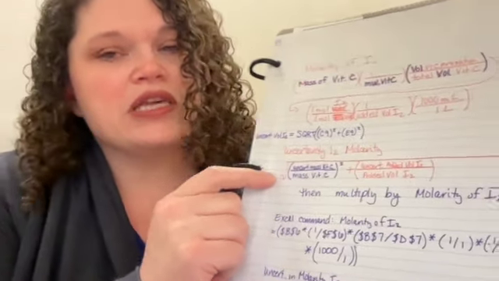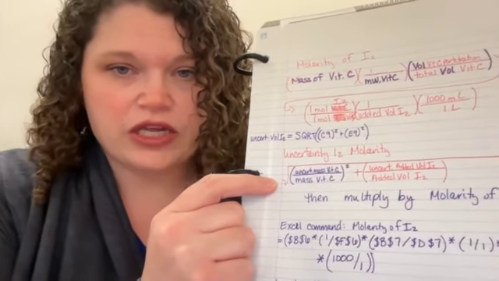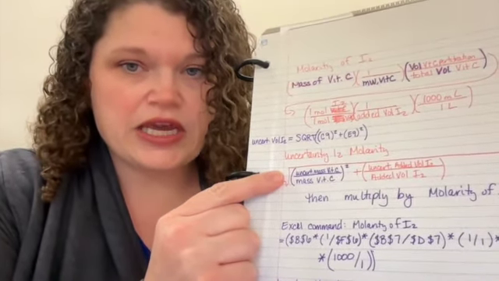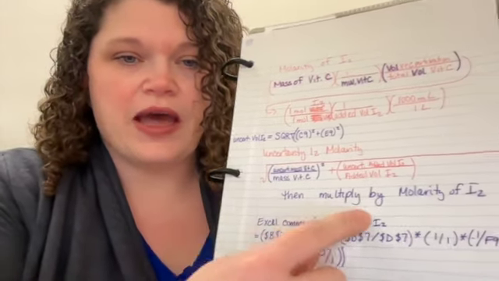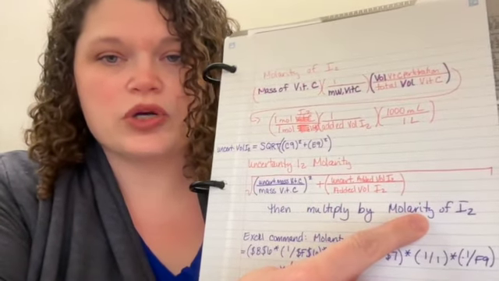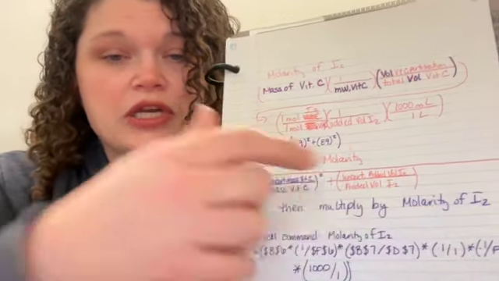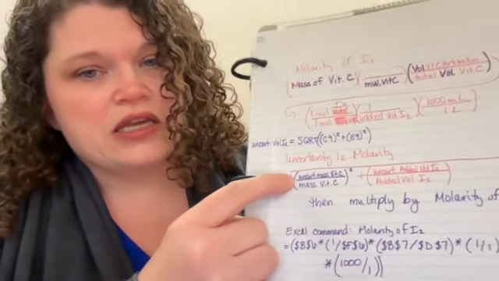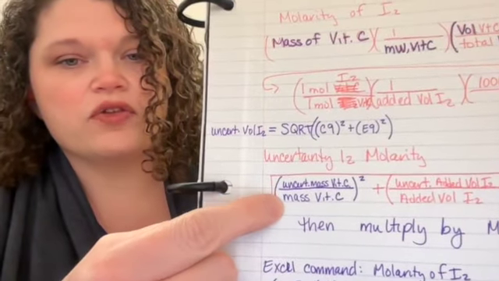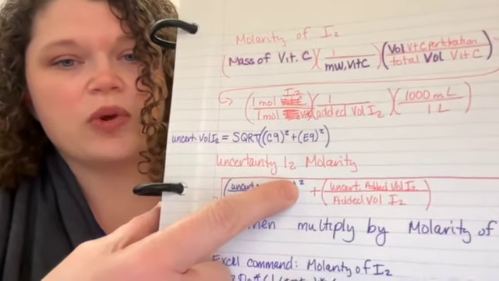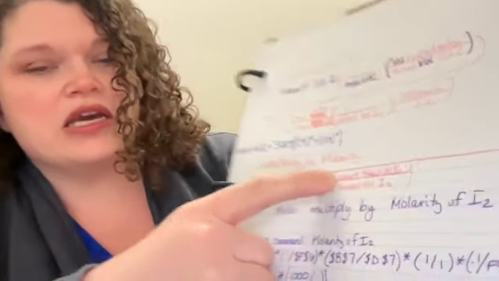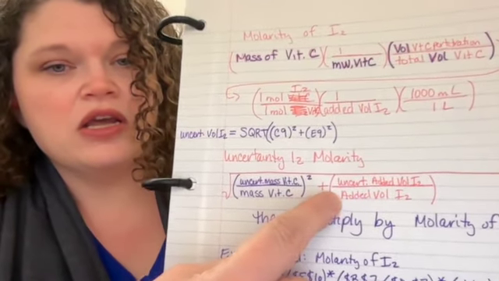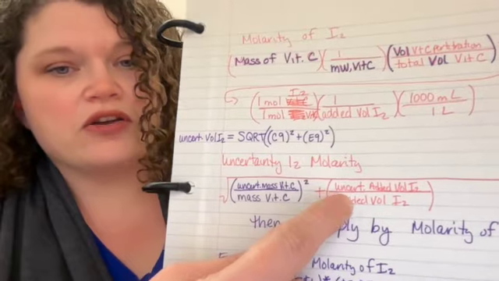And then in order to get the uncertainty in our molarity, we have got to do relative uncertainty and then multiply that by our molarity in order to get back to absolute uncertainty. So you have the uncertainty in your mass over the mass of your vitamin C, squared, plus the uncertainty in your added volume of iodine over your added volume of iodine.